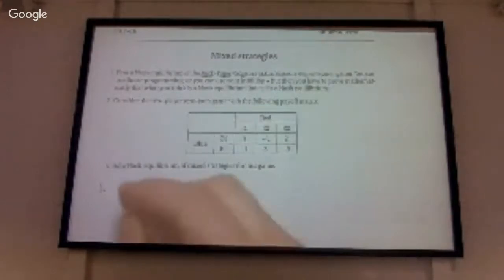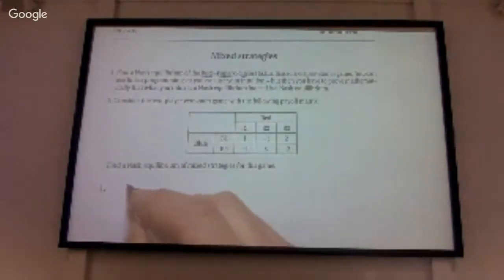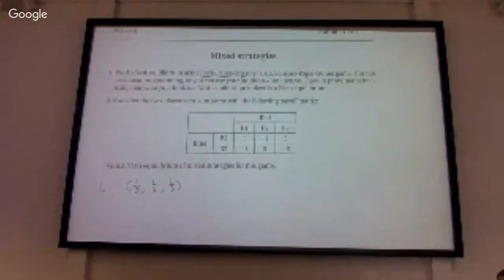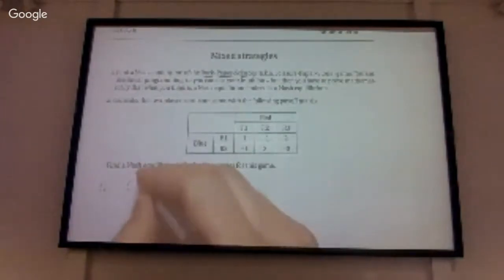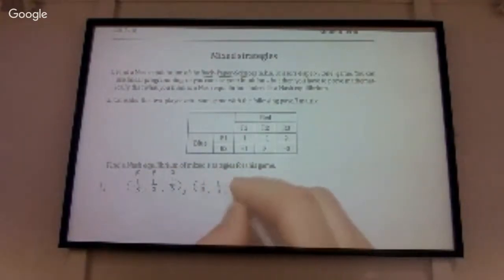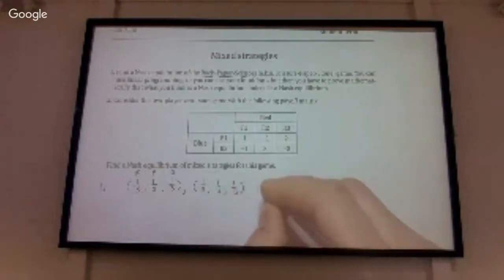So there's a Nash equilibrium where one player plays 1/3, 1/3, 1/3 for rock, paper, scissors, and the other player also plays 1/3, 1/3, 1/3.